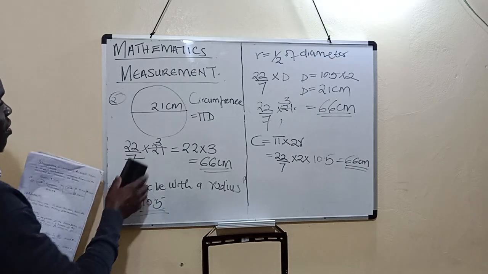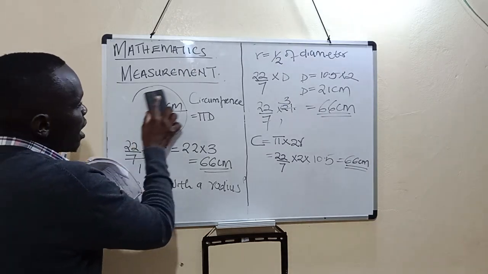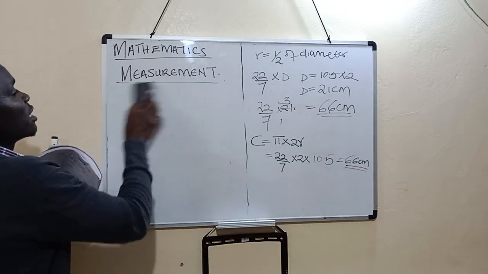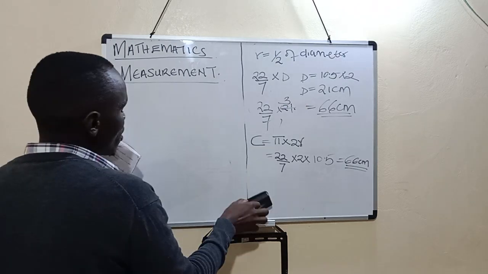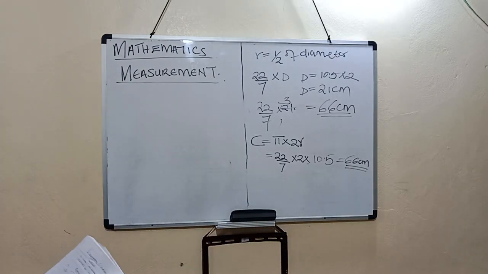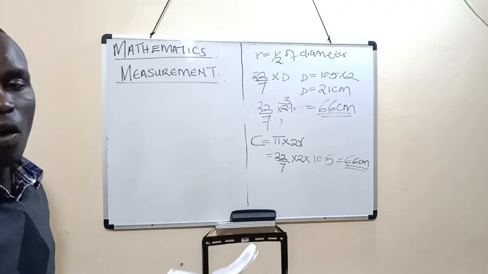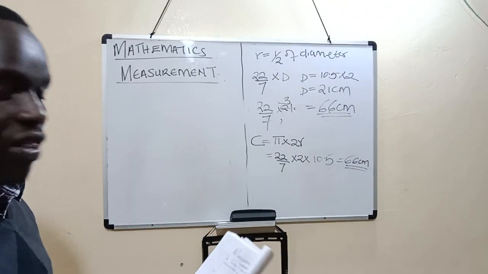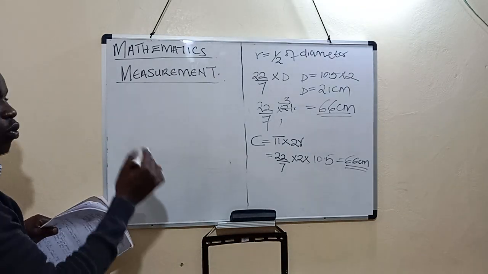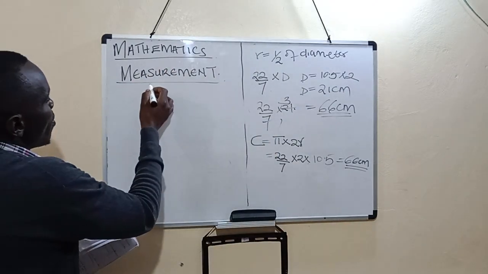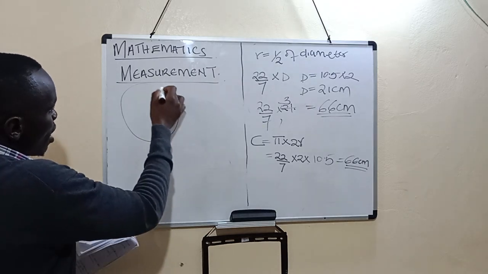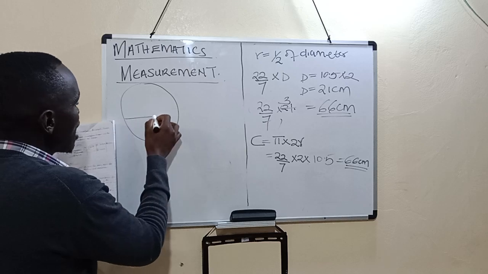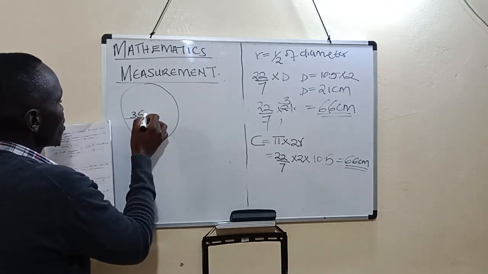We have a bicycle wheel with a radius of 35 centimeters. My board is so big that I have to keep on wrapping. A bicycle wheel is circular and has a radius of 35 centimeters.